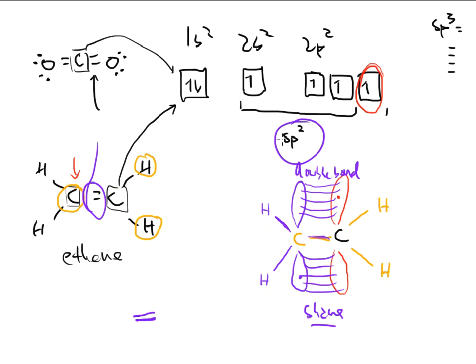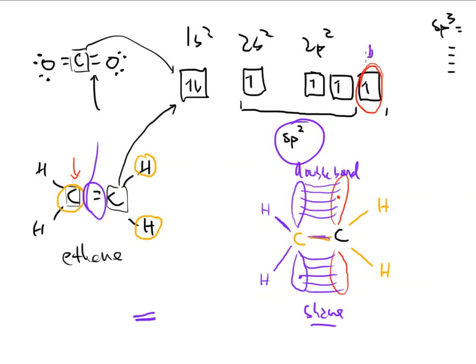It's a little bit different than sp3. sp3 used them all. Therefore, there wasn't a free electron that was available to do the overlap. Those were attached to 4 atoms, whether they're the same or different, but those 4 atoms took up each one of the sp3s. In this case, there's 3 atoms, not 4.